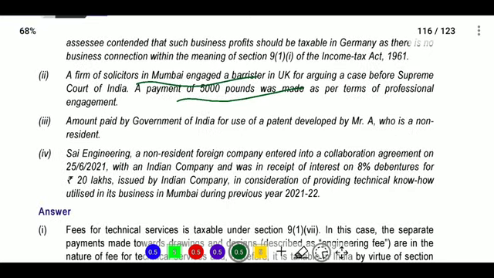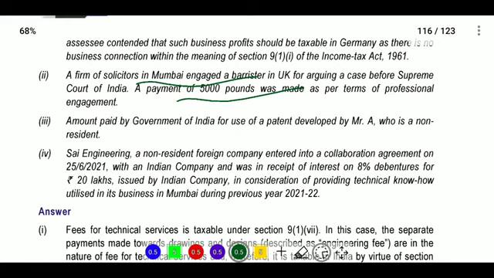Next, amount paid by Government of India for use of a patent developed by Mr. A. Government of India is using the patent developed by Mr. A, who is a non-resident. That is the third question, where A is a non-resident and he is receiving income from Government of India.